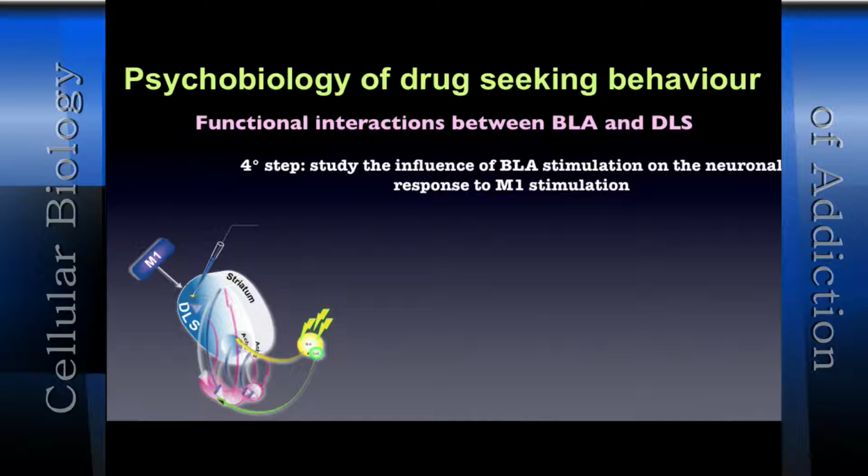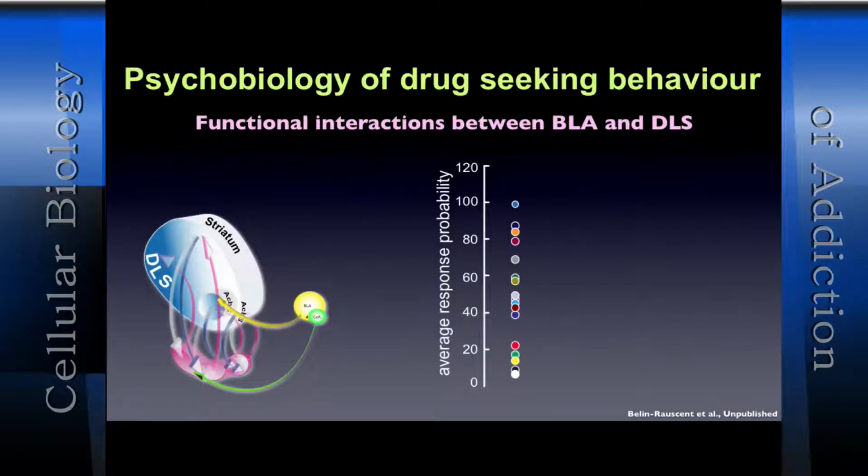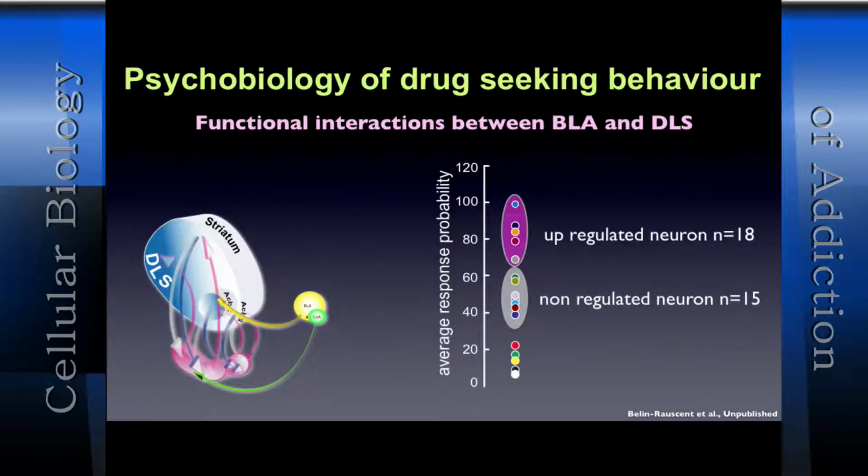Some neurons are upregulated by the pre-stimulation of the BLA. Some neurons are non-regulated, and some neurons are down-regulated. So indeed, this cortex here, that is an allocortex, very remote from the cognitive areas and the cognitive networks to which the DLS belongs, the basolateral amygdala controls the response of medium spiny neurons in the DLS to stimulation of the motor cortex.